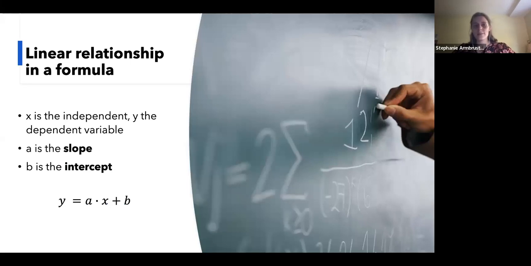So a linear relationship can always be described by two important features. We have a slope, which tells us how steep the line is. So if I have a slope of 0, it's just going to be a horizontal line. As the slope increases, it becomes steeper and steeper. And then we have an intercept b, which just tells us, okay, where's our 0 point, right?